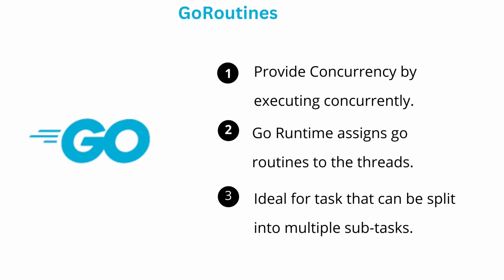The ideal scenario is whenever we have a big task with multiple steps like A, B, C, where C requires B and B requires A. In those scenarios, we can have 2 or 3 Go routines, where one Go routine does something and gives its result to Go routine B, and Go routine B gives its result to Go routine C. That is an ideal scenario for Go routines. So let's jump in and see how they look.